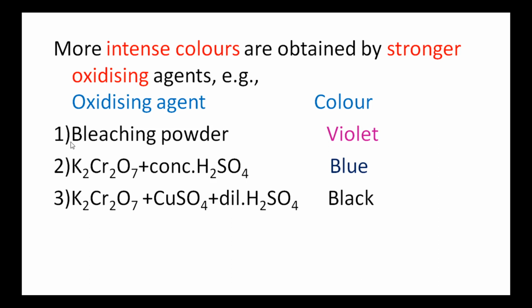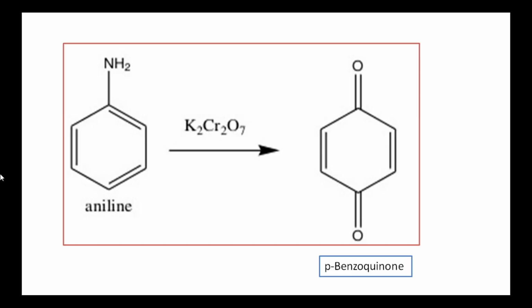When an oxidizing agent such as bleaching powder is used, aniline is converted into a violet color. Aniline on oxidation with potassium dichromate in the presence of concentrated sulfuric acid is converted into a blue color. Or aniline on treatment with potassium dichromate in the presence of copper sulfate and dilute sulfuric acid oxidizes to black in color.